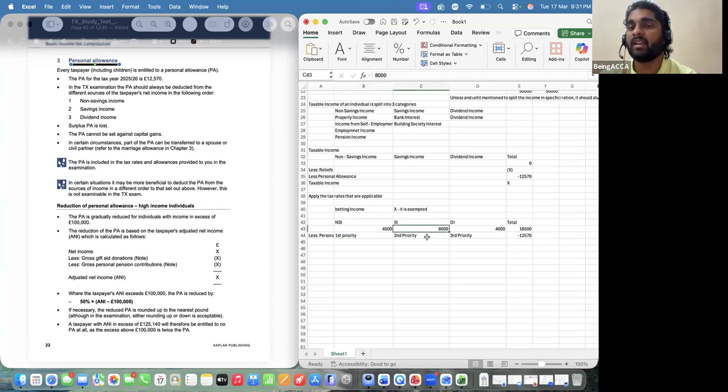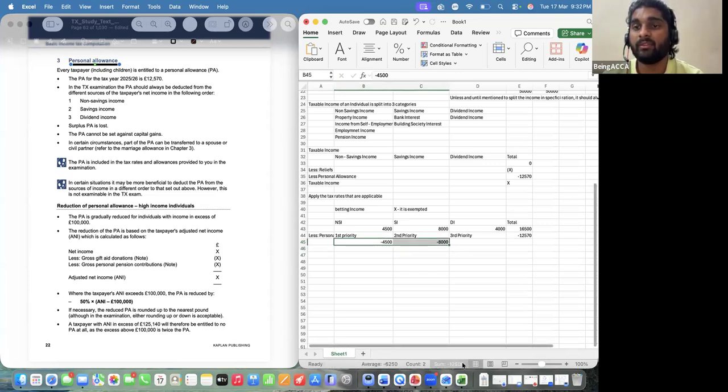Here, savings income is higher at 8,000, but that does not mean we should give it the first priority. First, we should deduct personal allowance from non-savings income by saying minus 4,500. And next is minus 8,000 for savings income. Because even then, it's going up to minus 12,500.